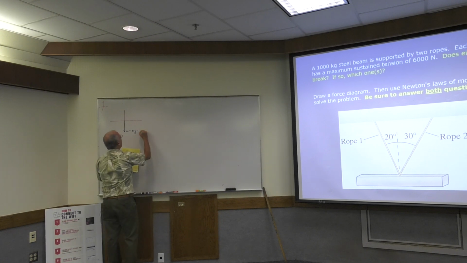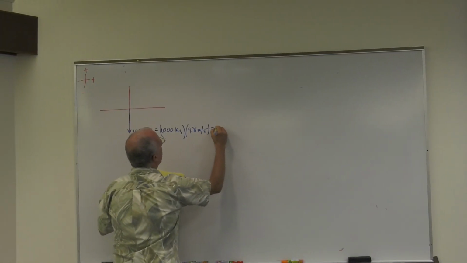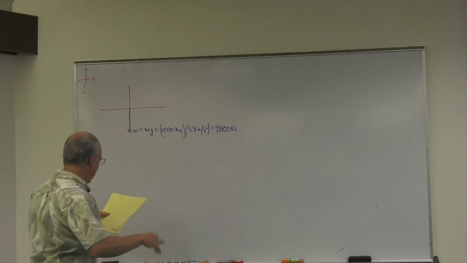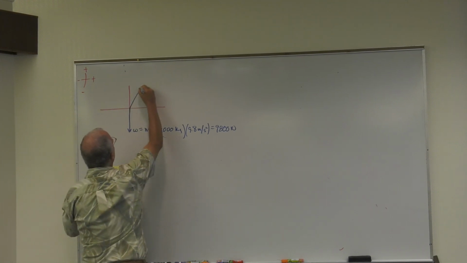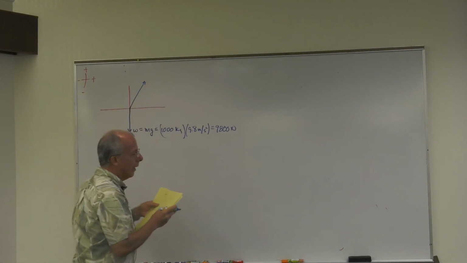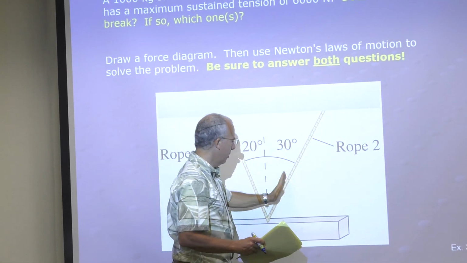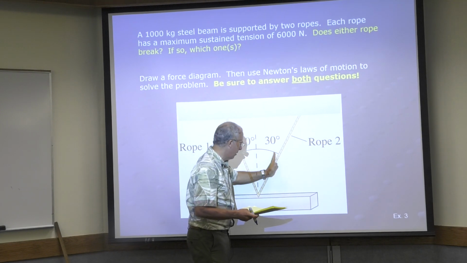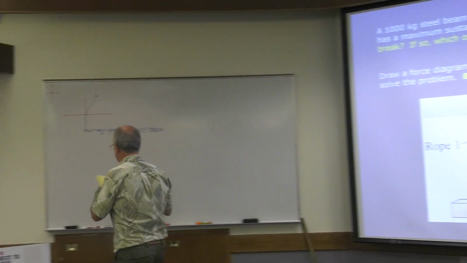It's 1,000 kilograms times 9.8 meters per second squared. It's 9,800 newtons. I usually do that at the end. All right, then there's tension here. Now look, if this is 30, this is 60, right? Because this is 90. For whatever reason, I decided to use this, not that. You can use either one, it doesn't matter.